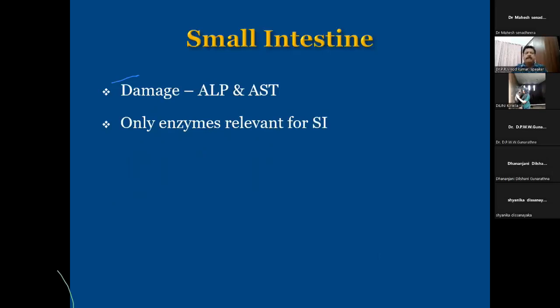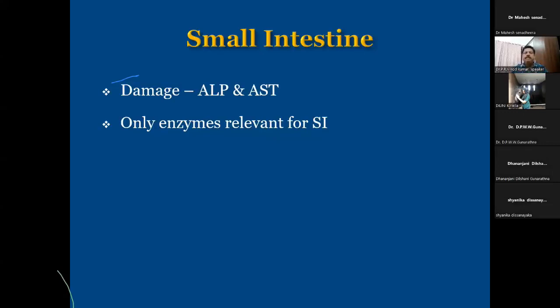Then the small intestine, alkaline phosphatase and the AST. Alkaline phosphatase, as I said, is produced from the cells of the biliary canaliculi and mixed with the bile and flows into the small intestine or the duodenum via the biliary tract.